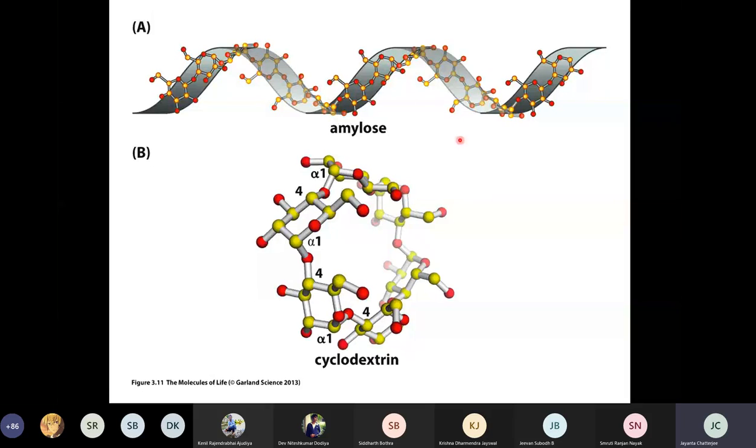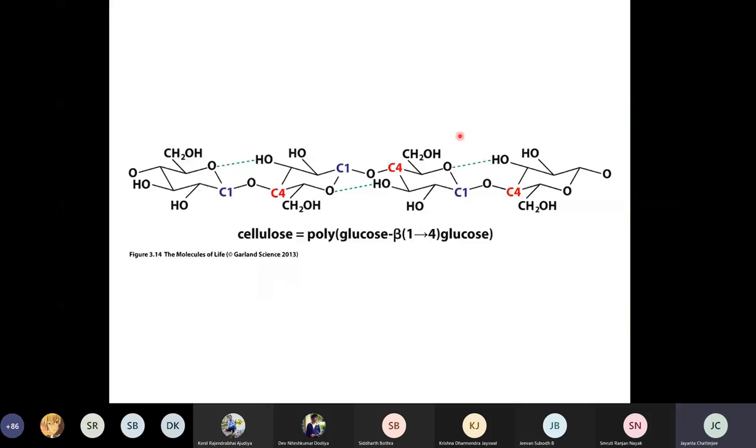Whereas with just a simple swap in the stereochemistry, from an alpha 1 to a beta 1 linkage, the molecules are arranged in a very parallel manner. This is the beautiful cooperativity that you will find in nature, right?